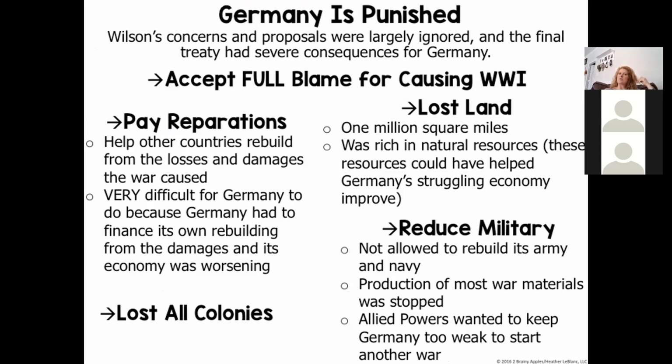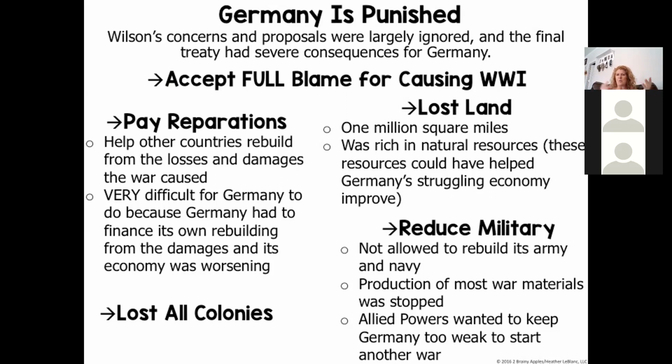Wilson's concerns and proposals are largely ignored. What's interesting is that at this time, Wilson gives speech after speech promoting the League of Nations, which is the precursor to the United Nations. This is a league that people join together to promote world peace, where we will meet together diplomatically to discuss things before war breaks out.